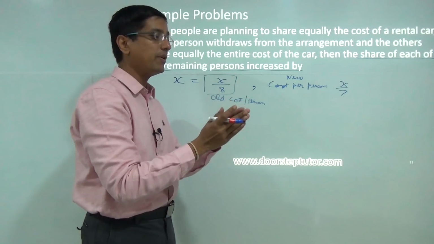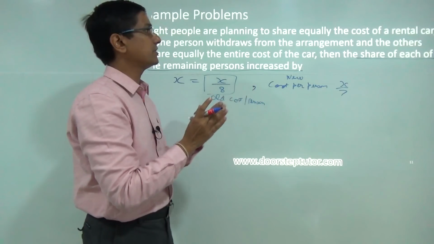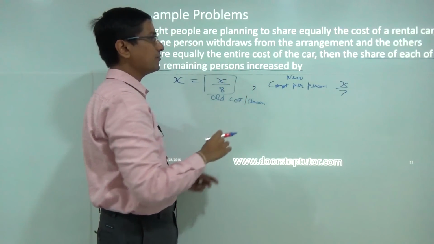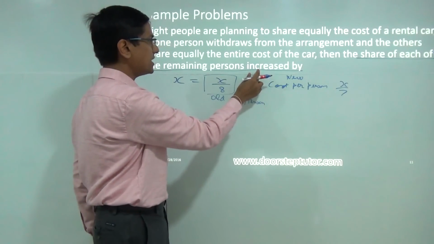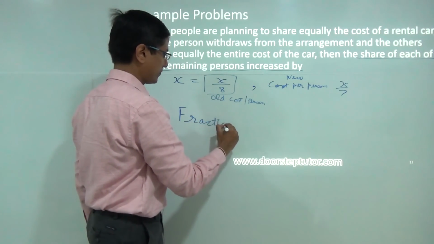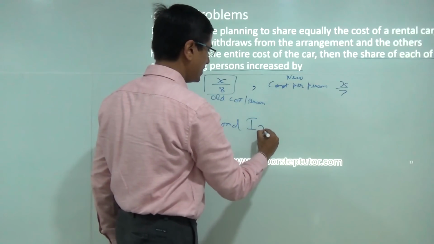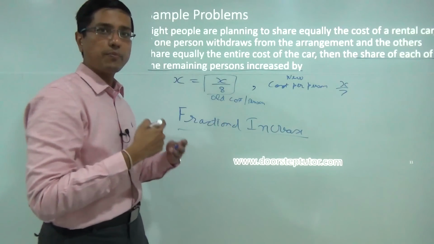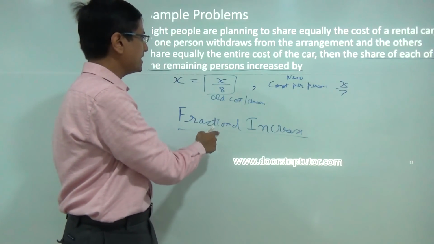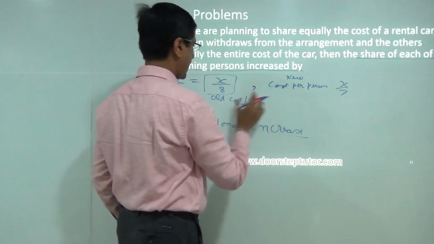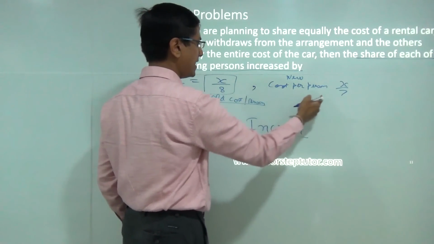You don't have to come up with an answer in terms of rupees. You have to come up with an answer in terms of fractional increase in cost per person. So how much was the cost before? 1 by X by 8.